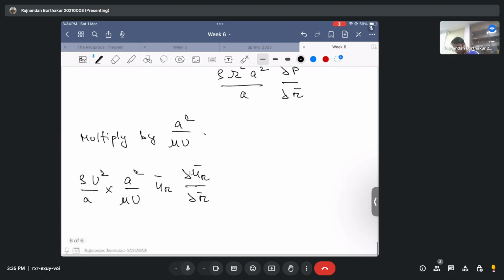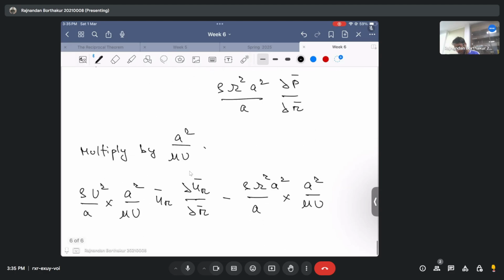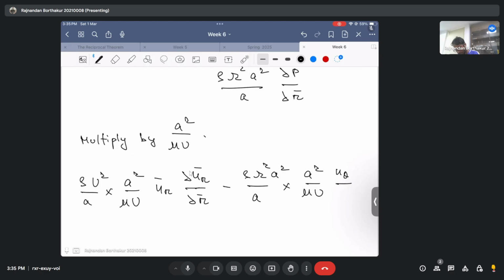And then I have minus of rho omega squared a squared by a times a squared by mu u, times u theta bar squared by r bar, okay?